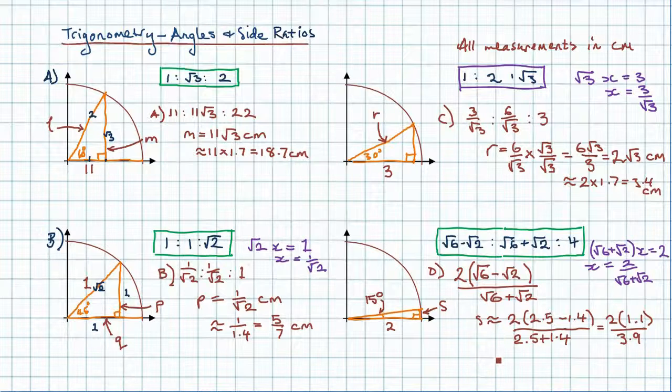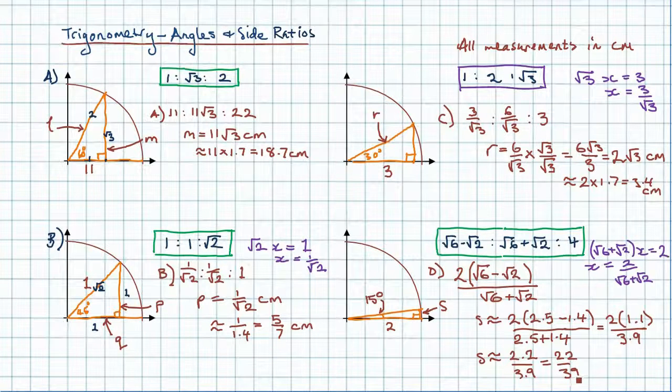So we've got S is approximately equal to 2.2 divided by 3.9, and if we want to calculate that out, it's 22 divided by 39.